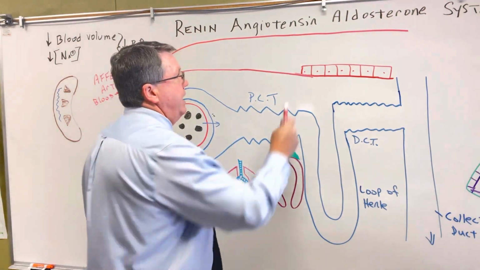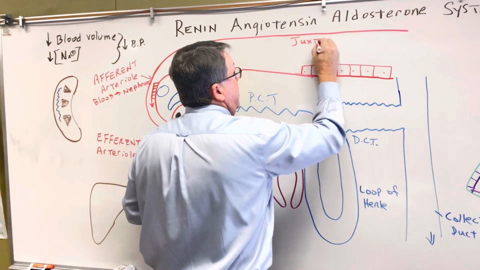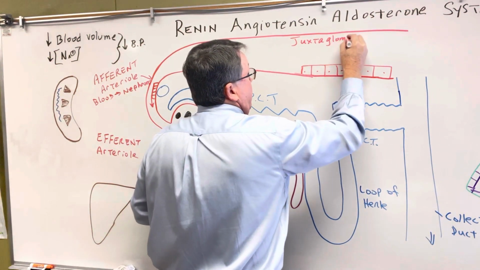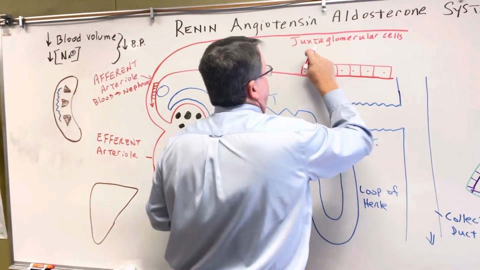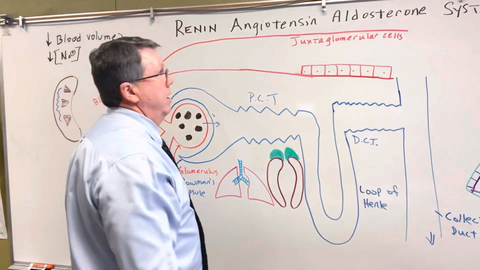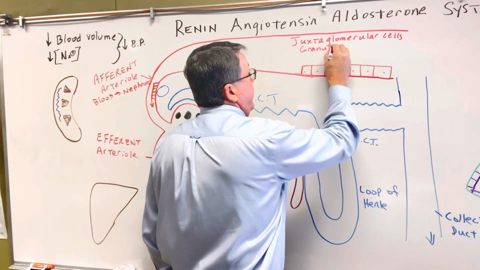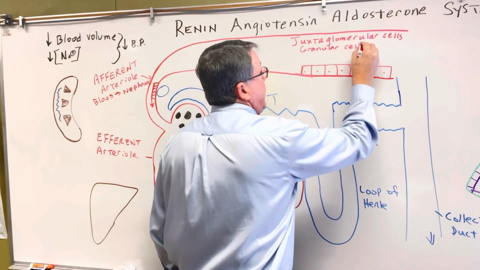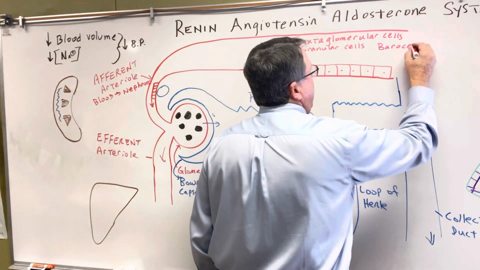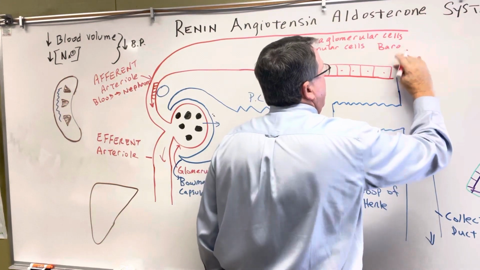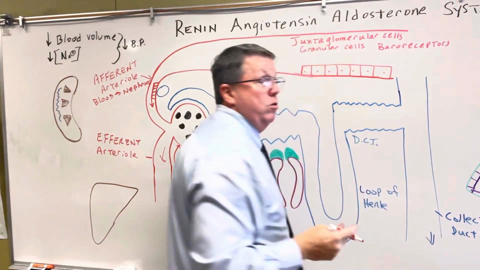What we have right here are some cells called Juxtaglomerular cells. If you recall, juxta means next to, so these are close to the glomerulus. They're also known as granular cells. These cells are baroreceptors. They're actually a special type of smooth muscle, but they're also baroreceptors, and baroreceptors sense pressure.